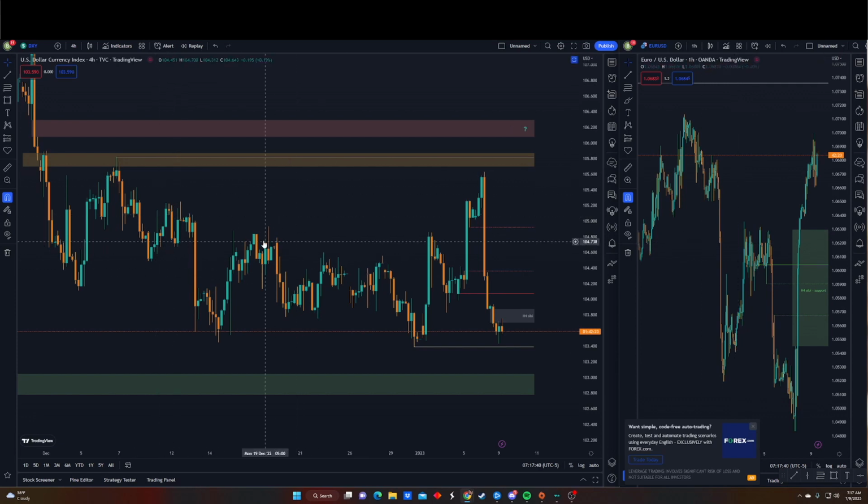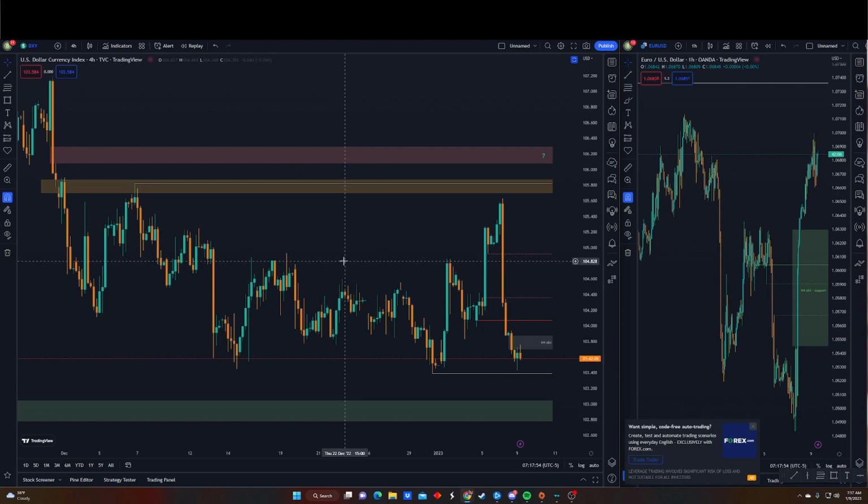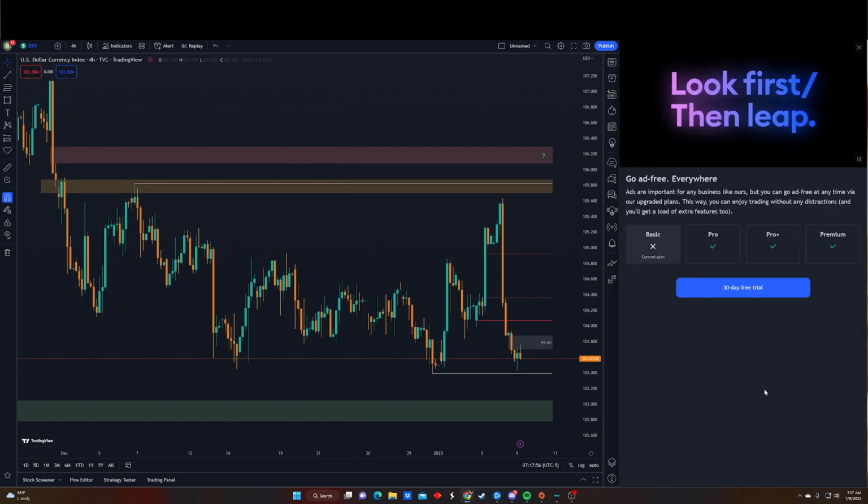dollar index, looking for some clarity on euro. We have a bearish price action on 4 hour on dollar. Thinking dollar is reaching for sell stops below here, eventually down to 103.